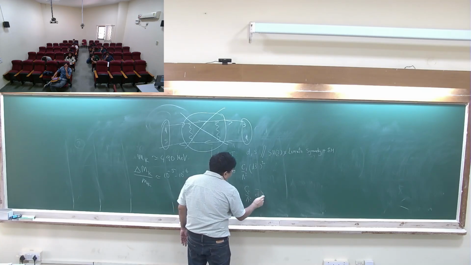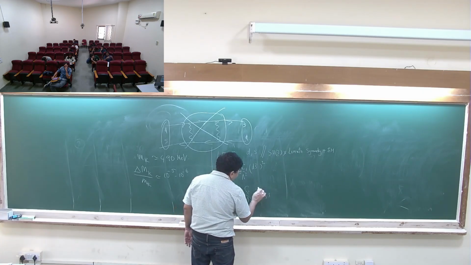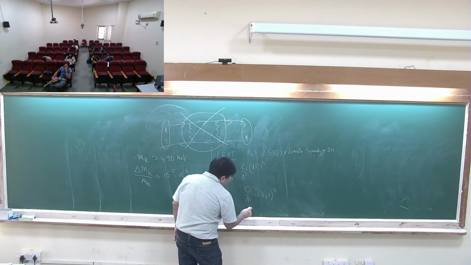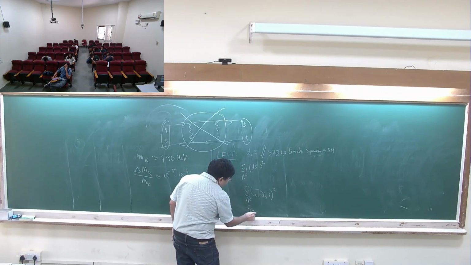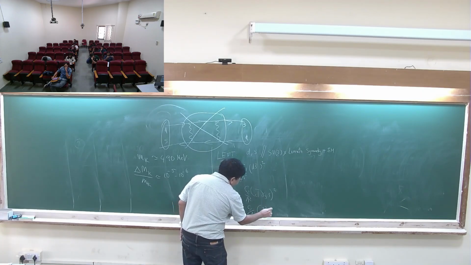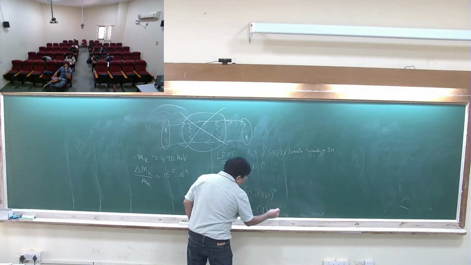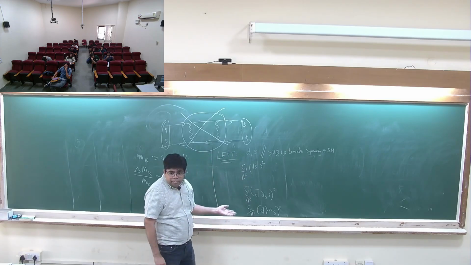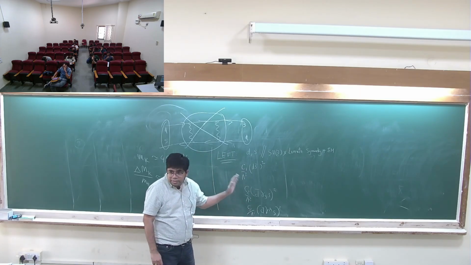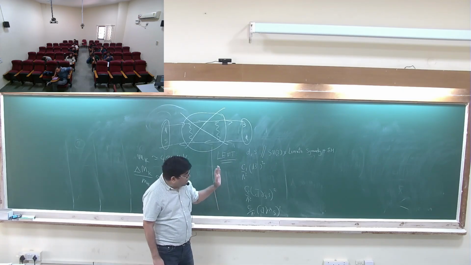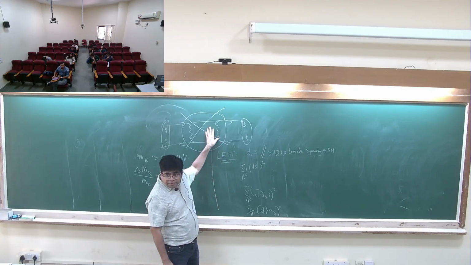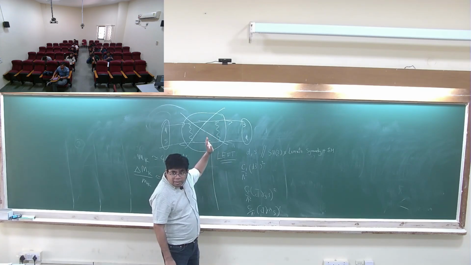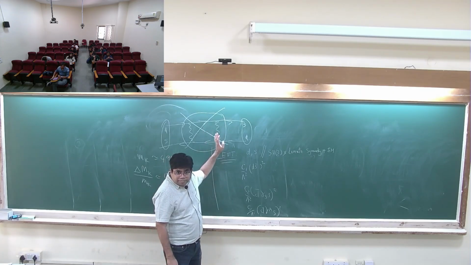Now you can put a gamma 5. Then C3 by lambda square, you can put a gamma mu. These are all dictated by Lorentz symmetry, nothing else. I don't know what is happening inside. I don't care what is happening inside.